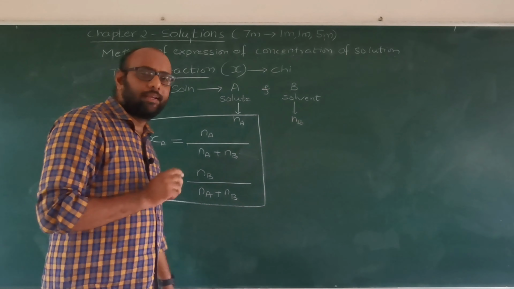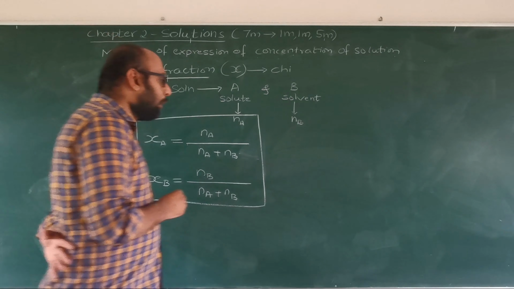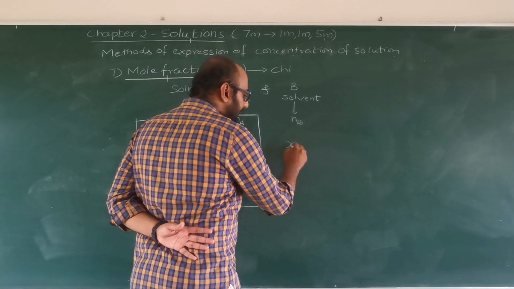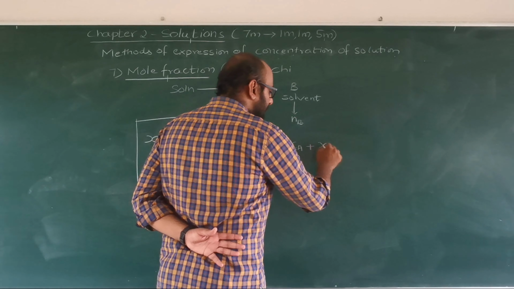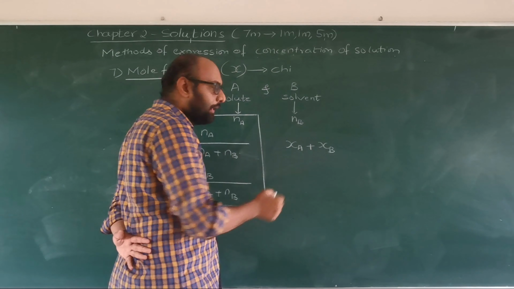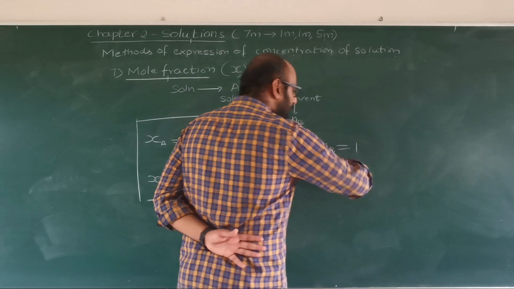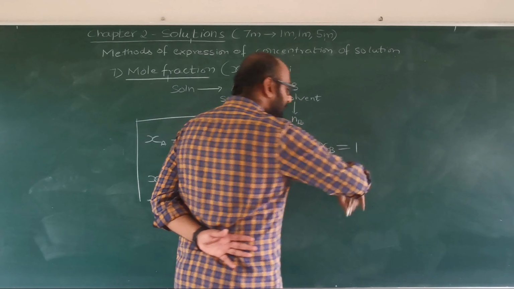Now, one important thing you have to remember here: the sum of mole fractions of the components in a solution will always be equal to unity. So mole fraction of A plus mole fraction of B will always be equal to 1.